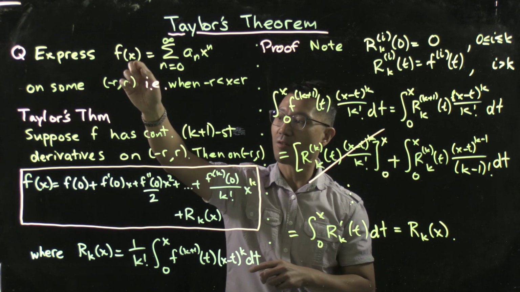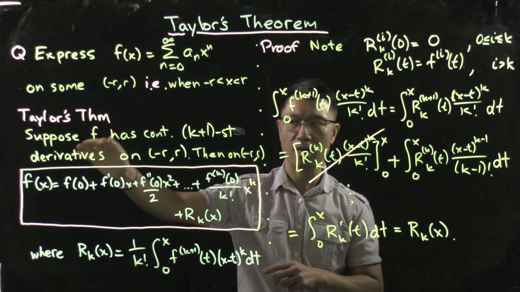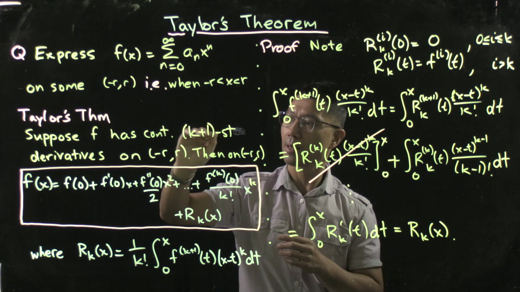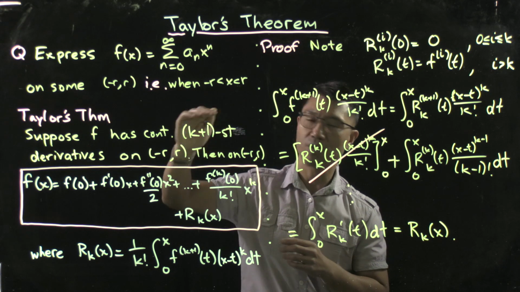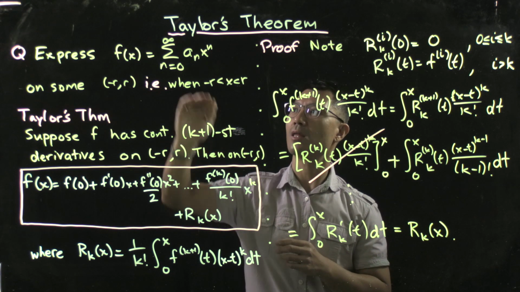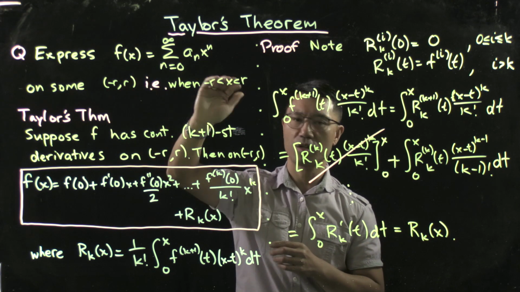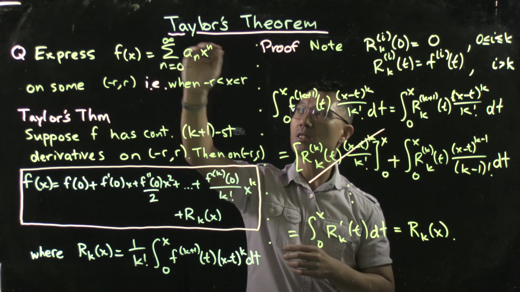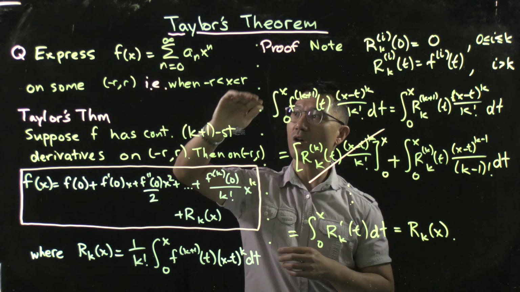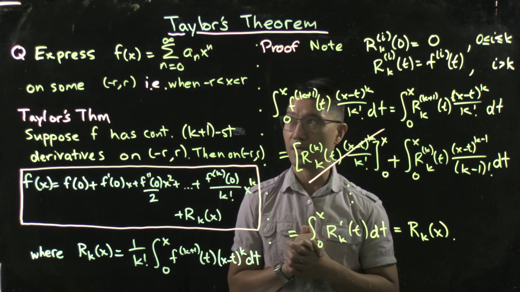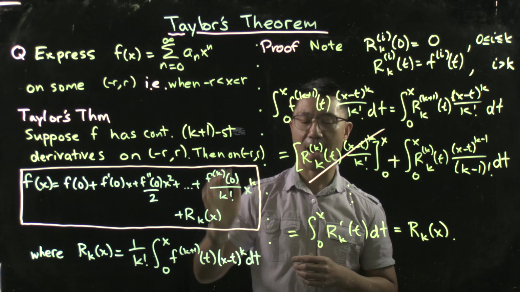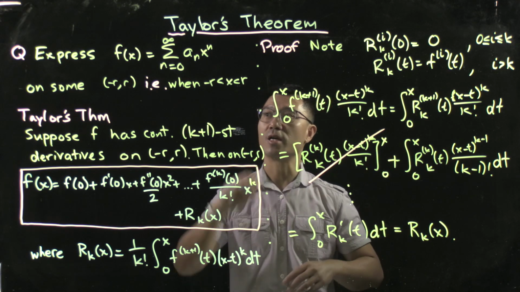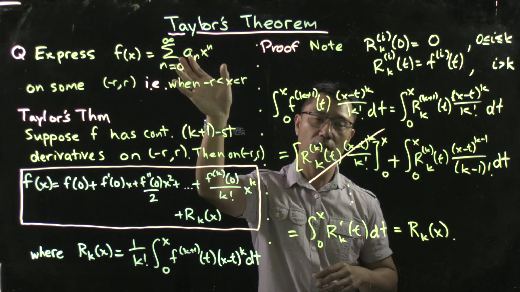For all values of x which is on this open interval where we said f has continuous derivatives, actually all derivatives. Okay, then you have this equality for those values of x. And in that case, we call this series, which converges to this f of x on that open interval, the Maclaurin series, or the Taylor series for f at 0. So I hope now you can also use Taylor's theorem to express functions as power series.